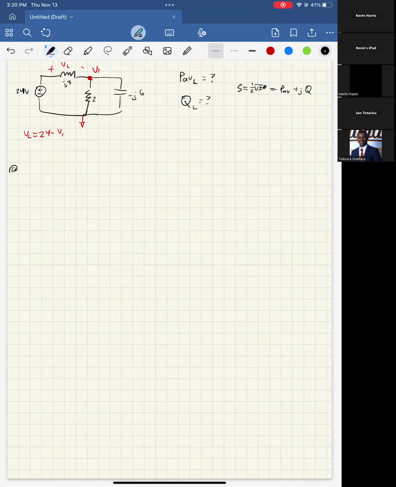So at V1, we're going to have V1 minus 24 over j3 plus V1 minus 0 over 2 plus V1 minus 0 over negative j6 equals 0. If we multiply everything by j6, we're going to get 2V1 minus 48.